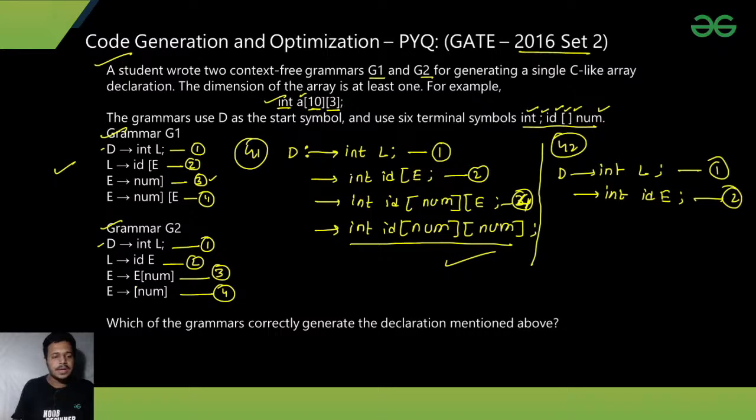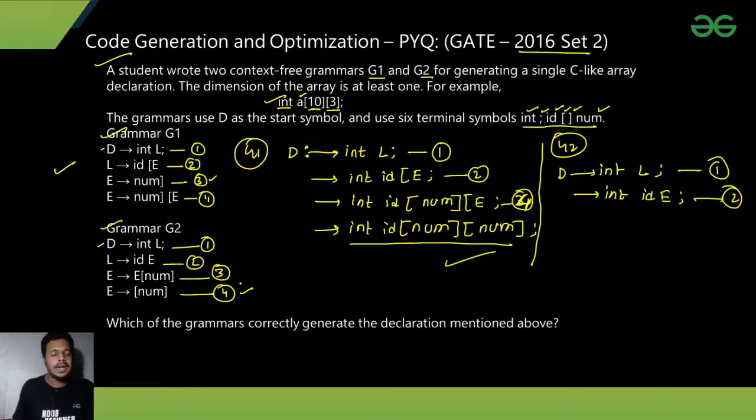If we follow production rule 4, it will just generate a single number and end there, because there is no other variable left.